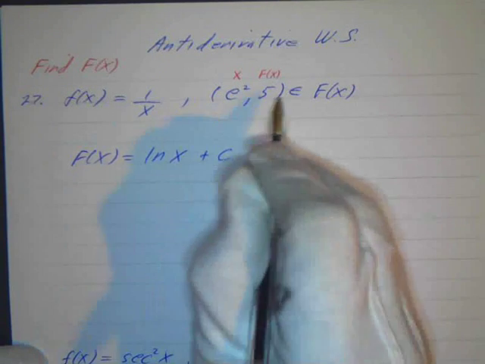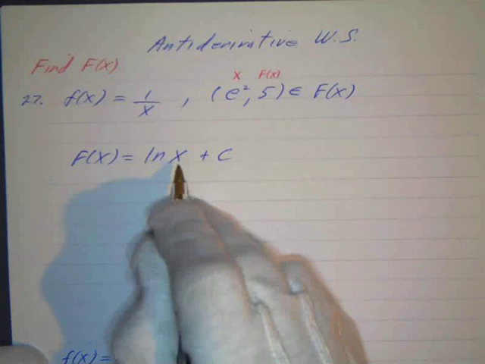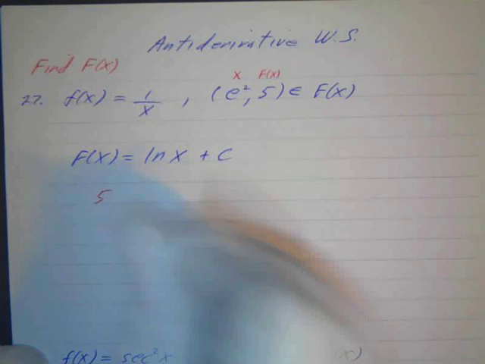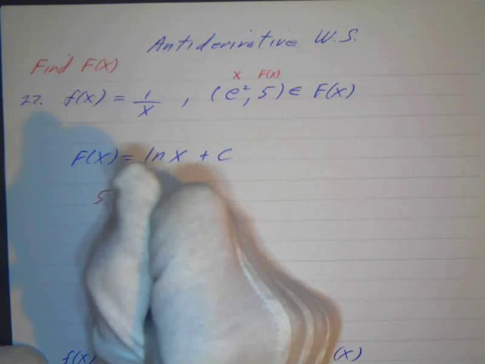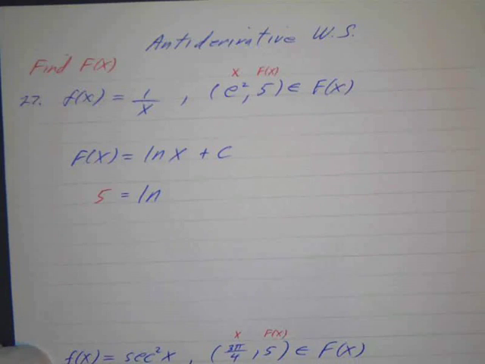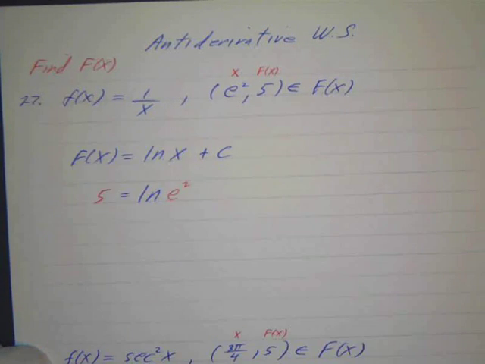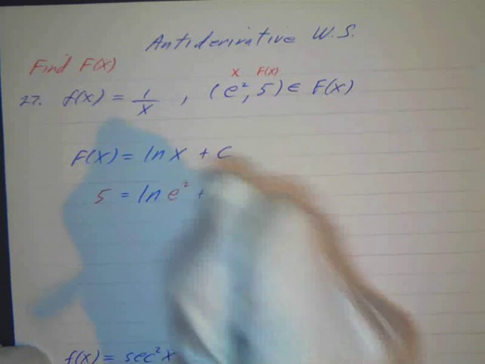So we know that when f of x equals 5, x equals e squared. So we put 5 equals the natural log of e squared plus c.